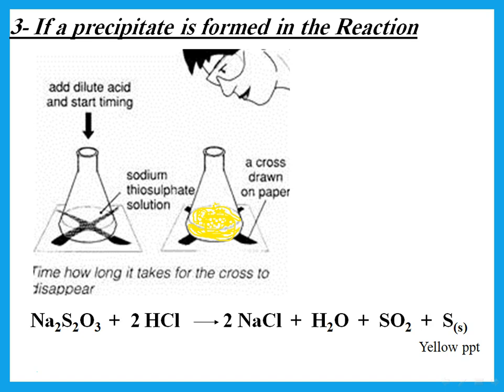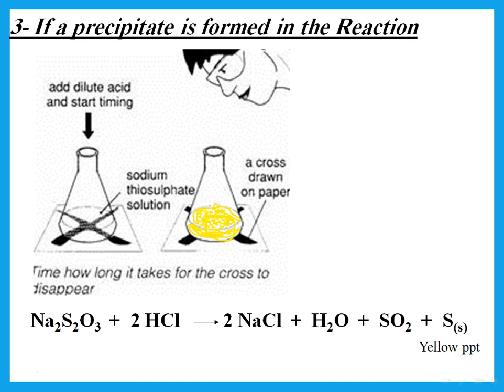I add the two reactants and I start the timer and measure the time taken for that X below the flask to disappear. If we're looking through the solution, we can see the X that is written below the flask, but as the solution becomes cloudy, then at some point the X will disappear.